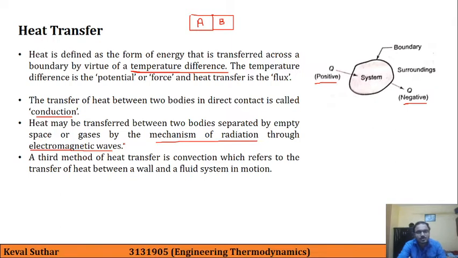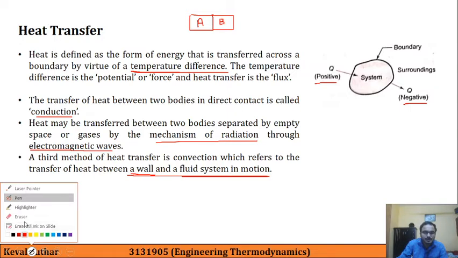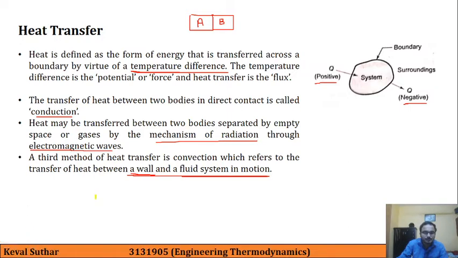And a third method of heat transfer is convection, which refers to a transfer of heat between a wall and a fluid system in motion. So whenever there is an interaction between a solid and fluid, there will be a transfer of heat through convection. So if you see, there are three types of heat transfer.